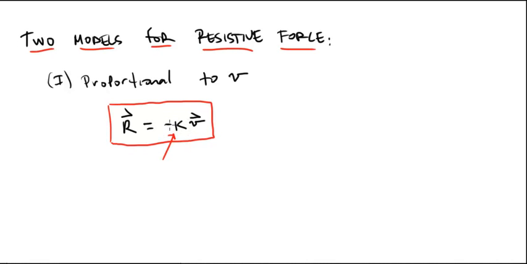This is some constant that's allowing you to relate R and v. And I'm actually not even going to get into that constant right now. We're going to come back to this equation a little bit later.